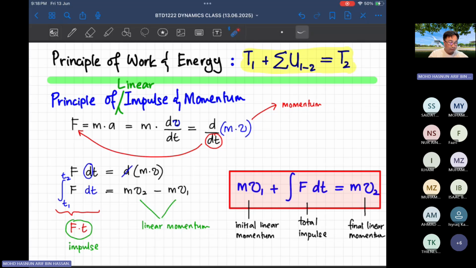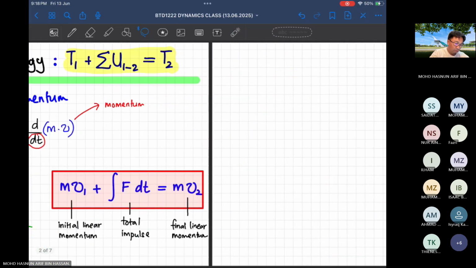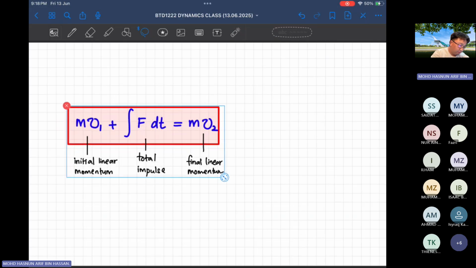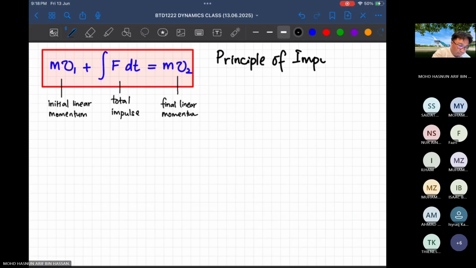We can expand this, so let's copy the whole thing and paste it here. This principle of impulse and momentum can be extended into several equations.